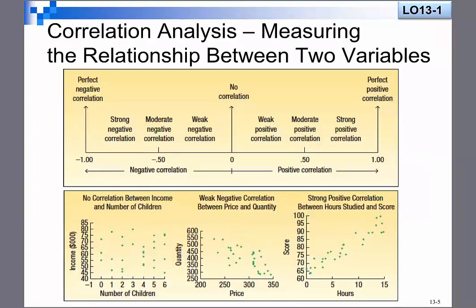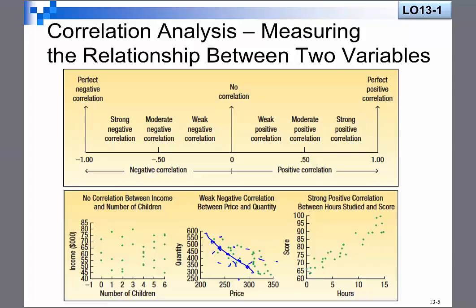So that's why we say that this is weak, because all the dots are not on the straight line. If they were, then we could say as price goes down by some amount, let's say 5 cents, quantity purchased, the consumption of stuff, always goes up by the same amount. But because these dots are scattered all around the line, it varies.